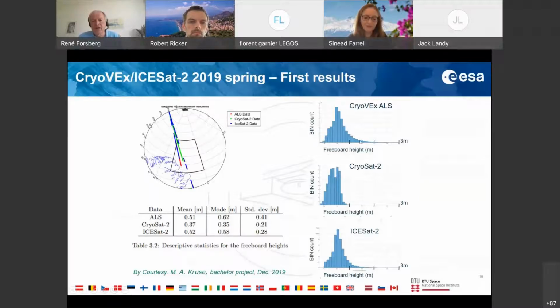Here we see the CryoVex airborne LiDAR count for the freeboard, and the CryoSat count, and the IceSat-2 count. And again, you can see that the IceSat and the ALS from our campaign are pretty similar, but the campaign still catches the very thick, the higher ridges, a little bit more than IceSat can do. That's very obvious. But also that the model for CryoSat is a little bit shifted to thinner ice.